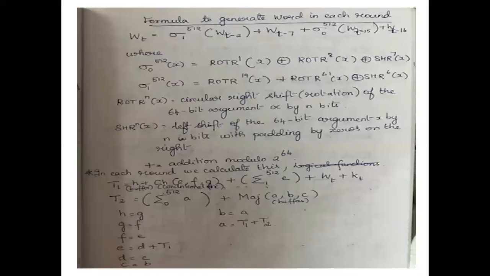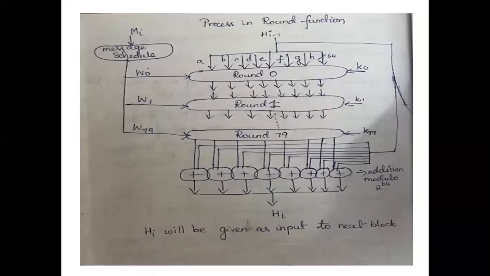Now, next we have a formula to calculate this word in every round. Actually, the plain text is used to calculate the words from W0 to W15. W0 to W15 will take the exact plain text, so you're not going to generate a new word. The plain text will directly go into W0 to W15.